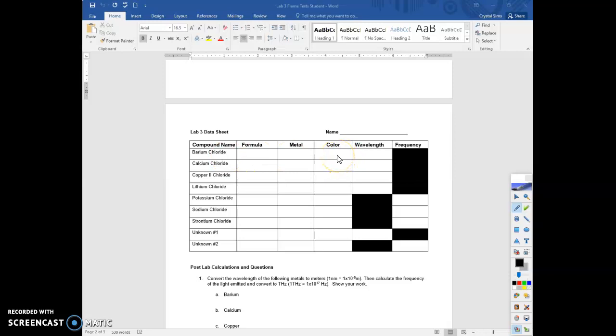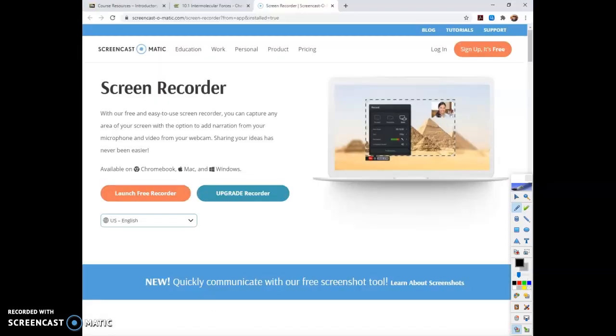Now, what you'll do from this point is use the visible light spectrum in order to get the wavelength for the ones where you have to record that. So what you need to do is Google visible light spectrum.